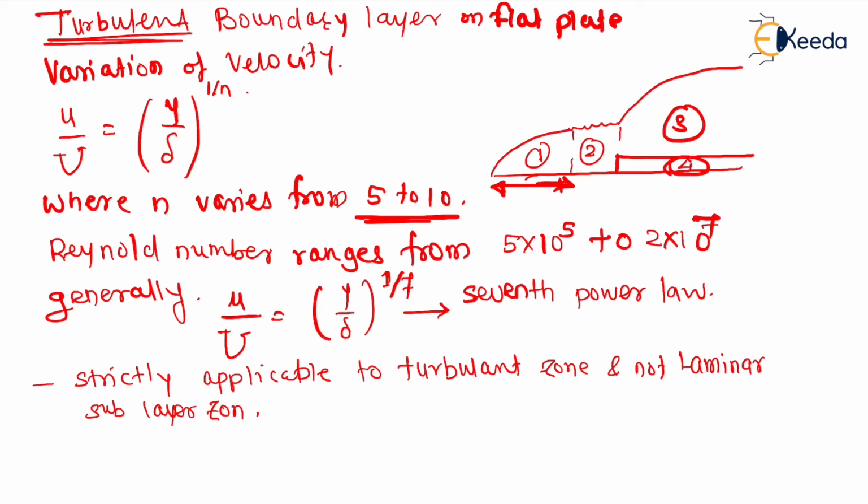We know that in this zone there exists this fourth term, that is the laminar sublayer. So whatever is the relation, the one-seventh power law is valid only in this hashed portion, not in the laminar sublayer zone.